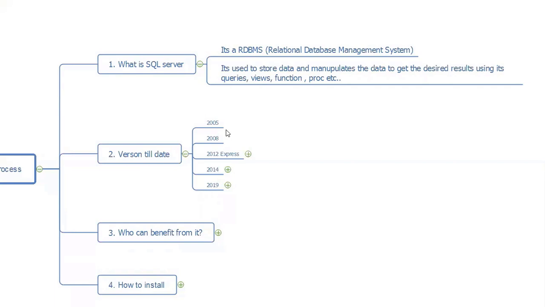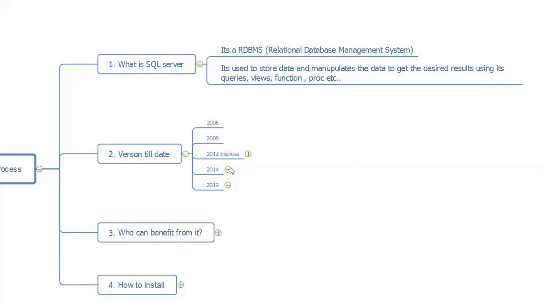Besides it, there are many versions; 2000 is also there, but I'm not going to talk about that. 2005, 2008, 2012, 14 and 19. 19 is the latest version available in the market. And in this video, I'm going to show you how you can install SQL Server 2012 Express and how you can use it in further excelling your database management system.